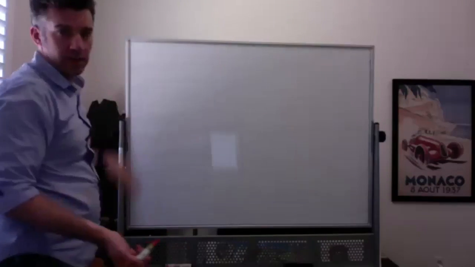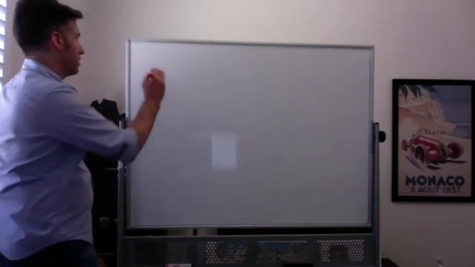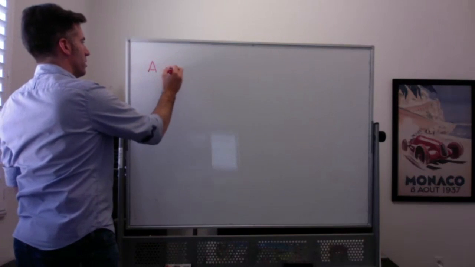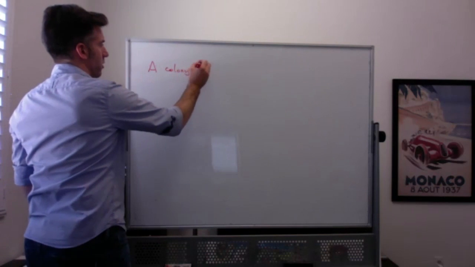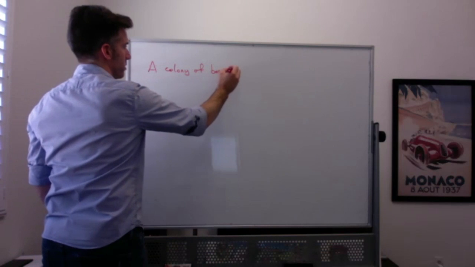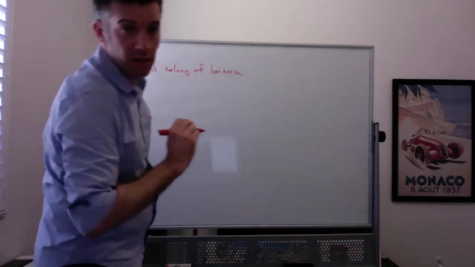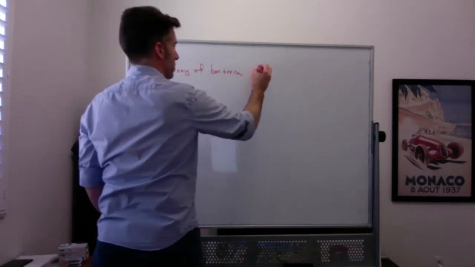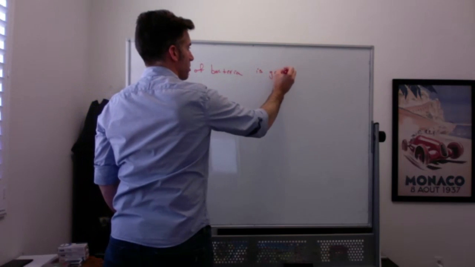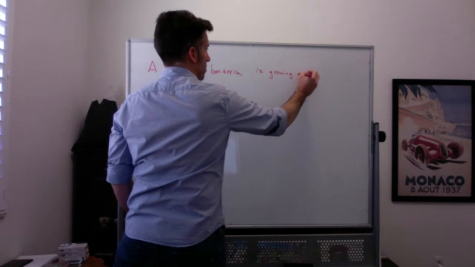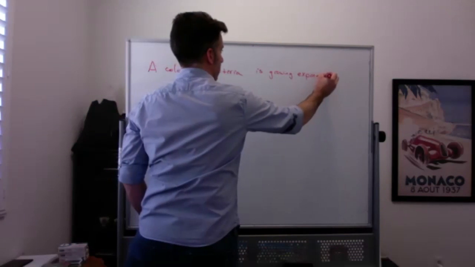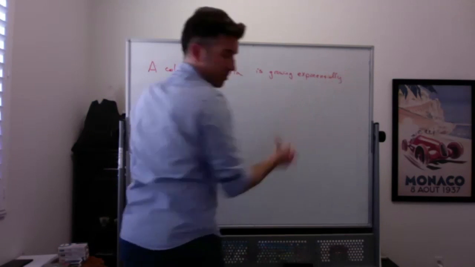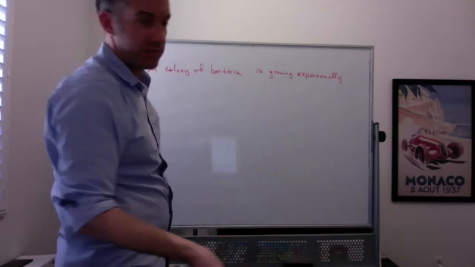So look at the following example. So here's the setup. A colony of bacteria is growing exponentially. And then this problem specifies that it's in a petri dish.